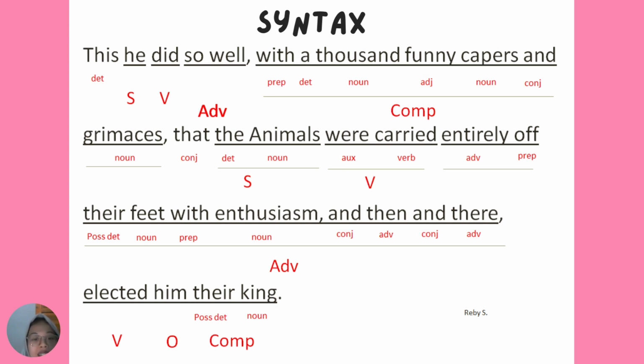The second sentence. Okay, this is a determinant. As here, he, subject, did, verb, so well, adverb. Why? Because this explains did, the verb.